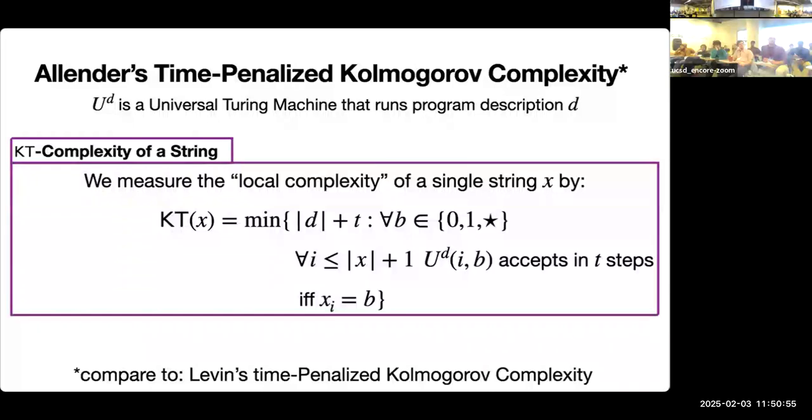We're just going to step through this line by line. It's kind of a local complexity, because what we're going to do is think about the complexity of the following problem.